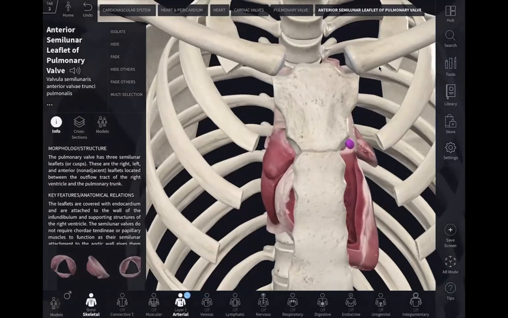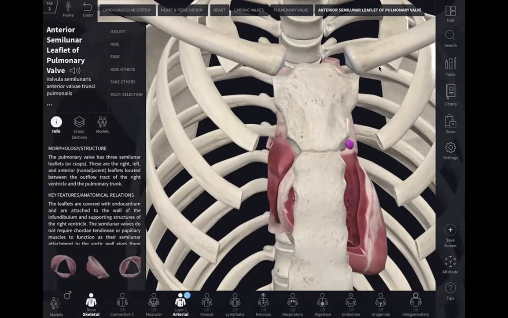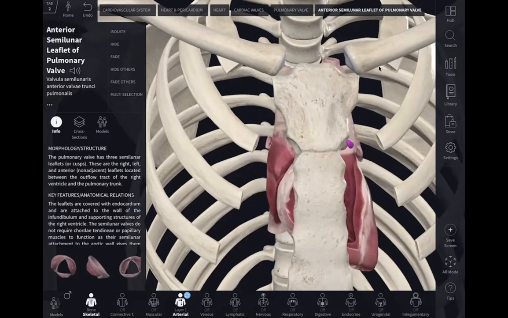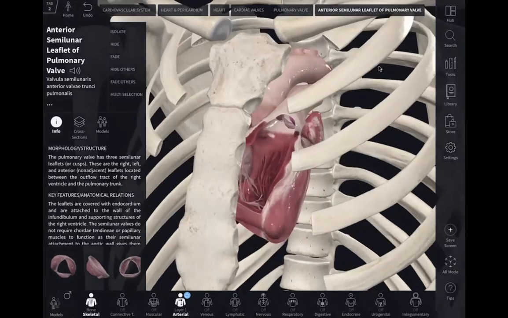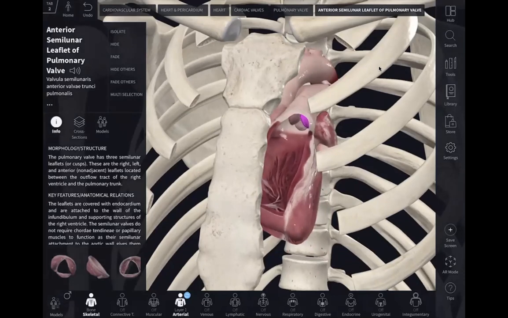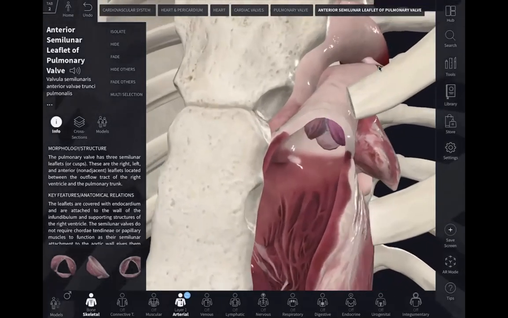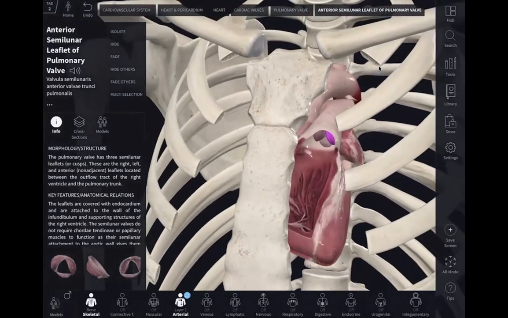Remember, you have to auscultate in different areas. About the pulmonary valve, where are you going to auscultate? Left second ICS, the left second intercostal space, as you can see clearly here. This is the pulmonary valve, and here you can auscultate for the pulmonary one.